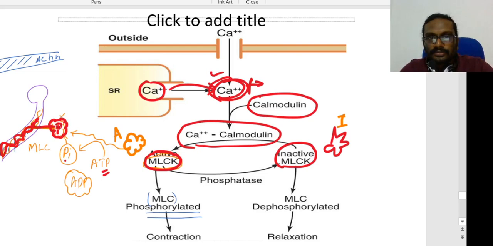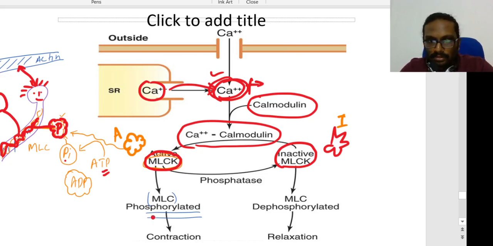And now when this phosphate comes, this suddenly gets energy, very happy now, and it becomes very smart, and it attaches to actin, and it can slide over, like this, can slide.